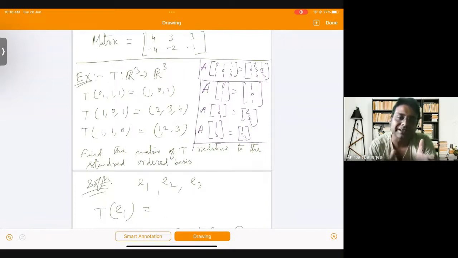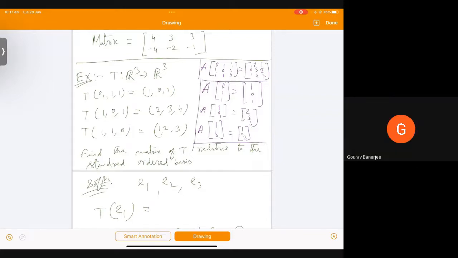So this whole transformation from one coordinate system to another can be represented in terms of a matrix. The input vector will be from one coordinate system and the output vector will be in the other coordinate system. That has nothing to do with the linear transformation. That is only the transformation of the coordinate system.